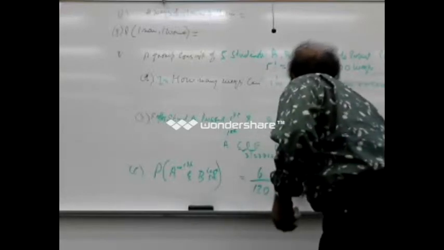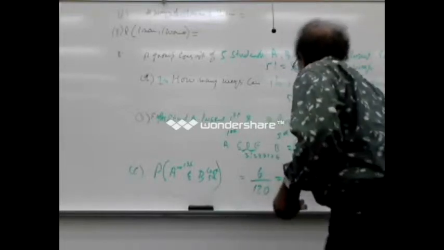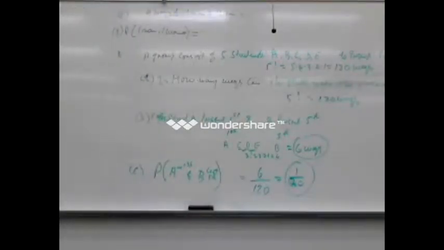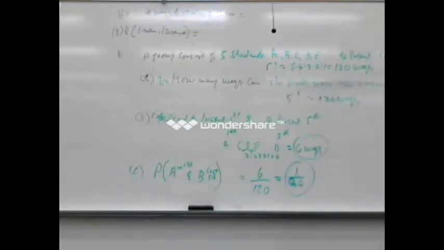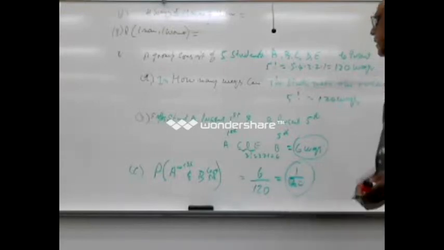So this gives us 1 over 20 as the probability of having A going first and B last. So this is the number of ways A going first and B last over the total number of possible permutations of all the students. 120 is the number of possible permutations of all 5 students.